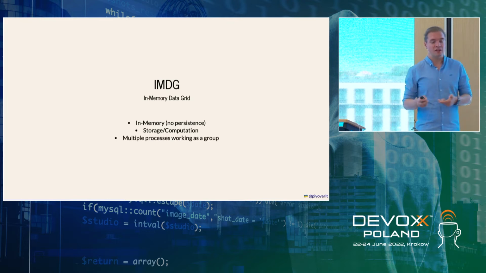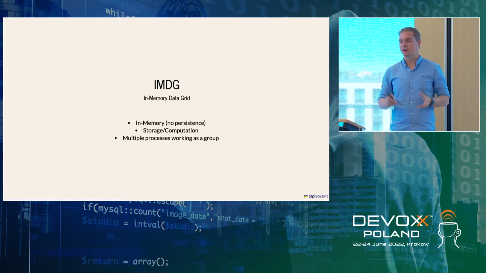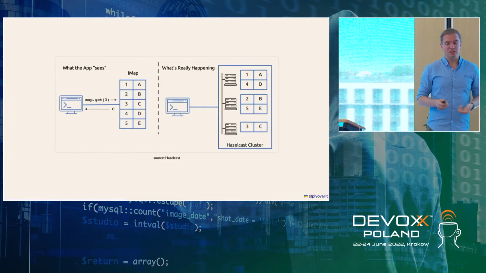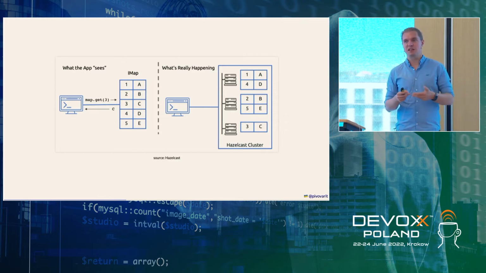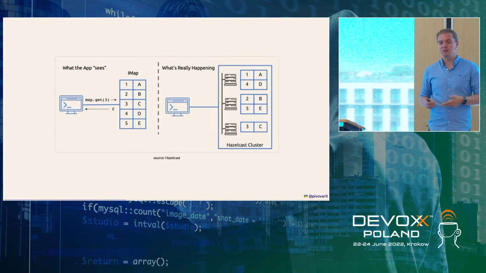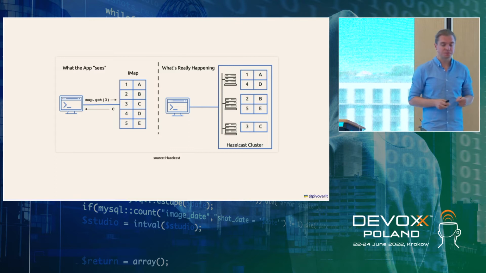Because there's another thing. Grid means that we are effectively combining multiple nodes that work together, forming one cohesive entity. So when you are interacting with it, it feels like you are working with a single continuous map. But what's actually happening underneath? Data is partitioned and distributed around the whole cluster.